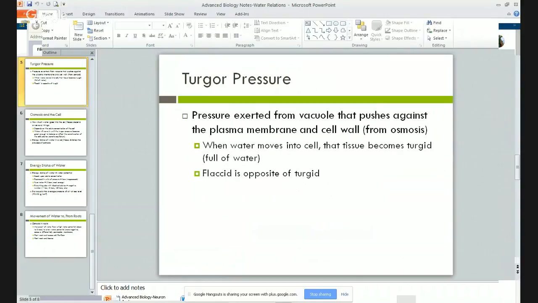It's kind of like air inside one of those bouncy houses. You have to have that pressure from the inside pushing all around to make the bouncy house stand upright. Same thing with your plant cells. They need that turgor pressure to be able to stand upright.